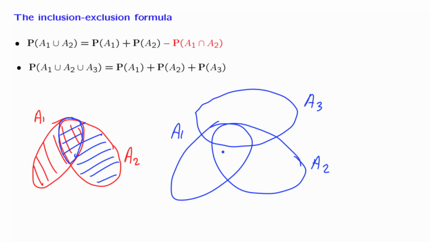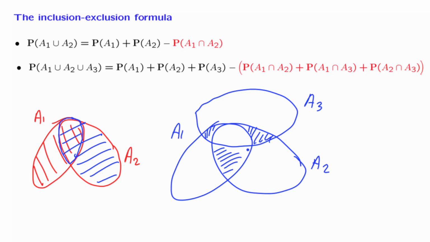But then we realize that, for example, this part of the diagram has been counted twice. It shows up once inside the probability of A1 and once inside the probability of A2. So for this reason, we need to make a correction and we need to subtract the probability of this intersection, similarly subtract the probability of that intersection and of this one. So we subtract the probabilities of these intersections.